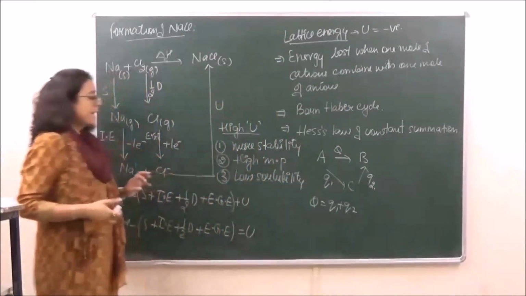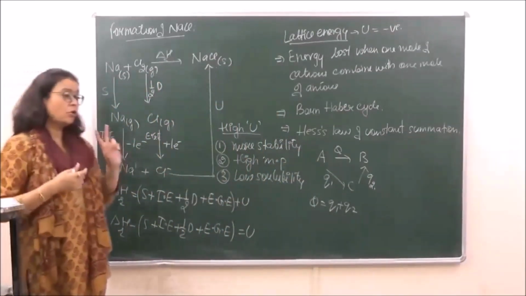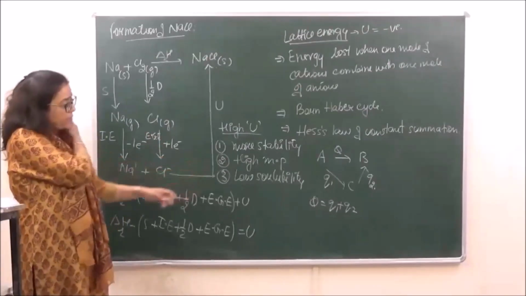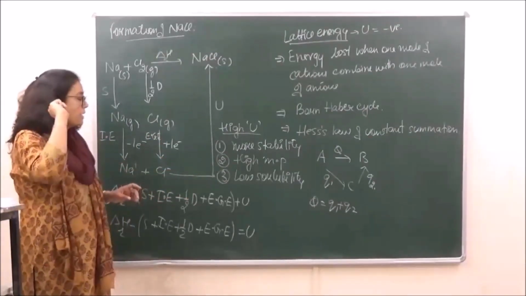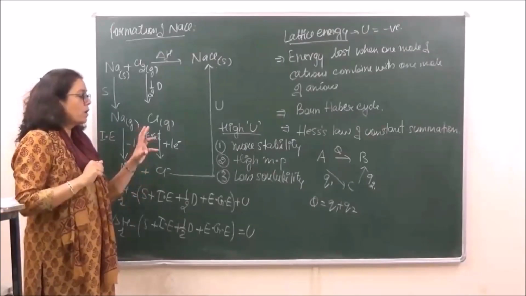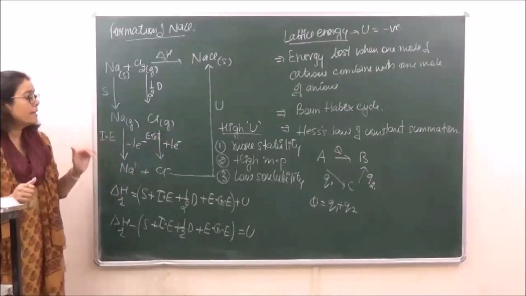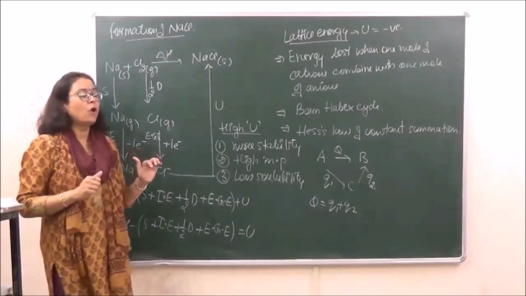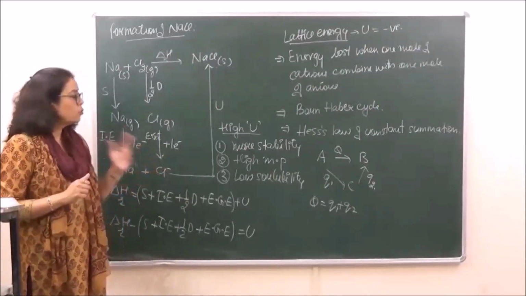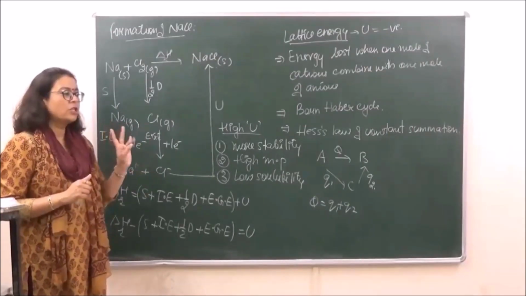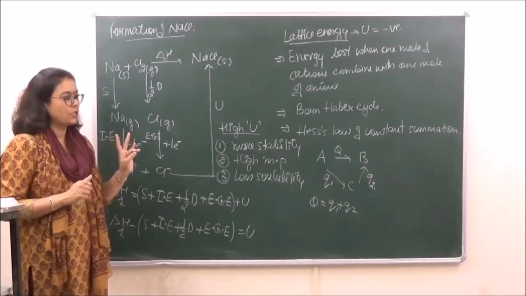We say that the solubility depends upon two energies. This factor is very important because you generally get conceptual questions from this. Any compound is soluble in water if it has a higher value of hydration energy. There are two energies which are going to make any compound soluble. One is hydration energy and the other one is lattice energy, right?